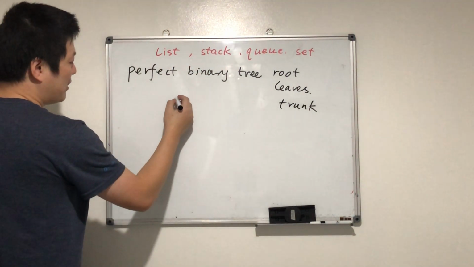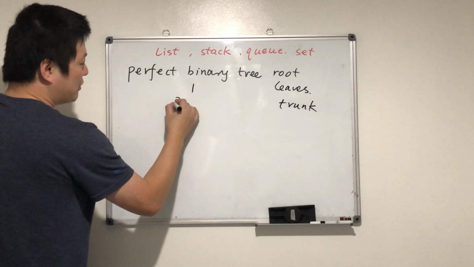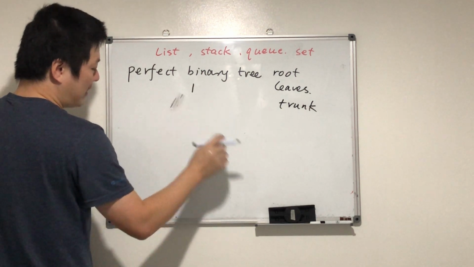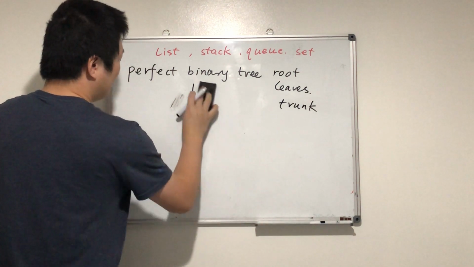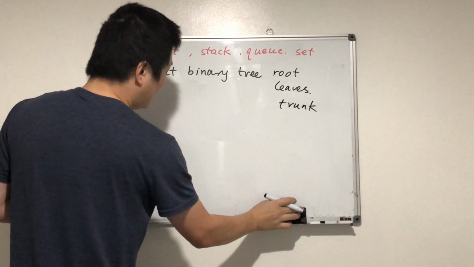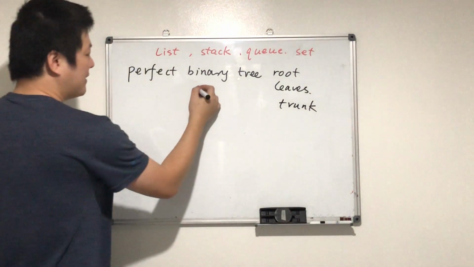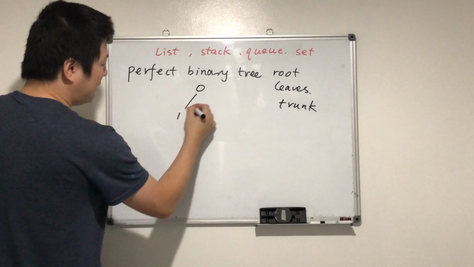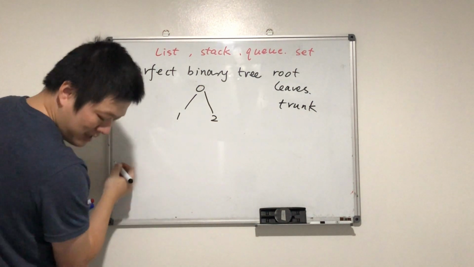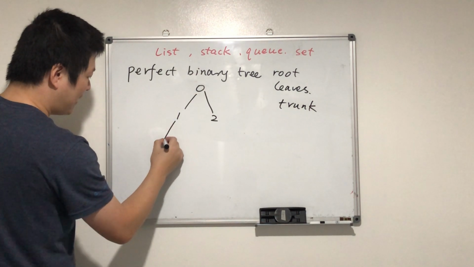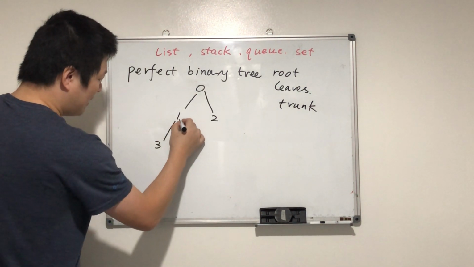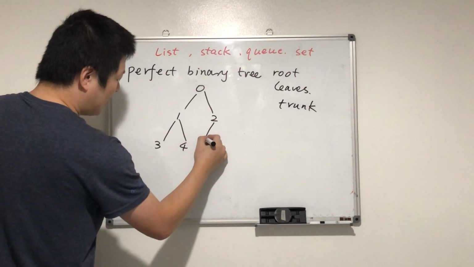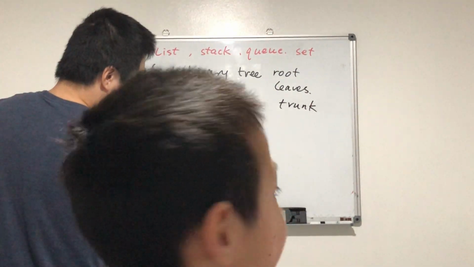Like that. Let's start from 0. That's 0, that's 1, that's 2, that's 3, that's 4, that's 5, that's 6.